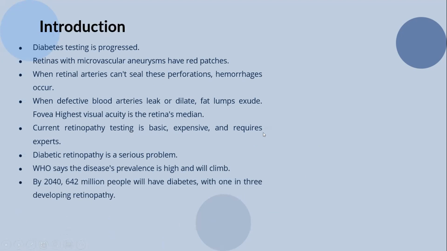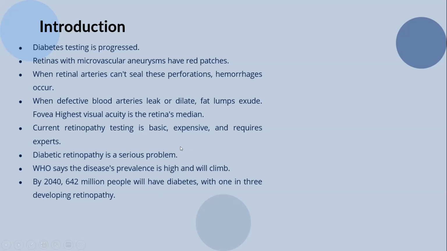Diabetes testing has progressed. When defective blood arteries leak or fatty lumps exude, the fovea affects visual acuity, which is the retina's median.